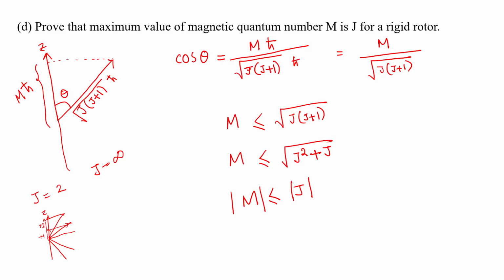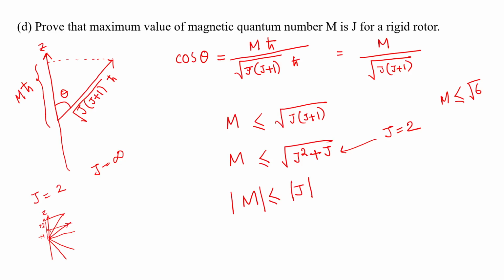Actually, your m could have been root over 6, which is greater than 2, right? For j equals to 2, what is the notion we are getting? That notion is that if j equals to 2, then m can be less than or equal to root 6.